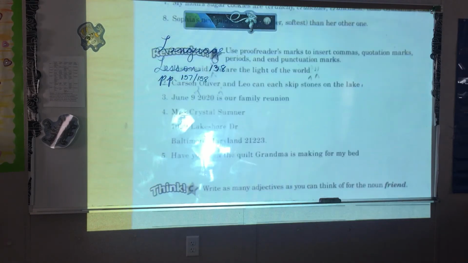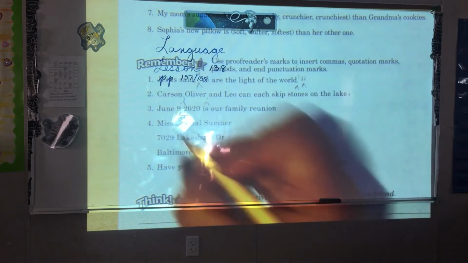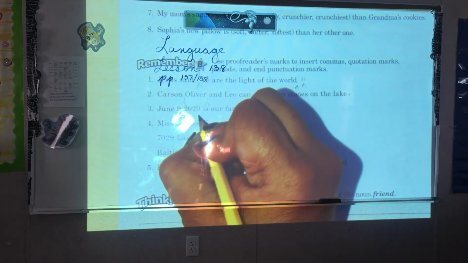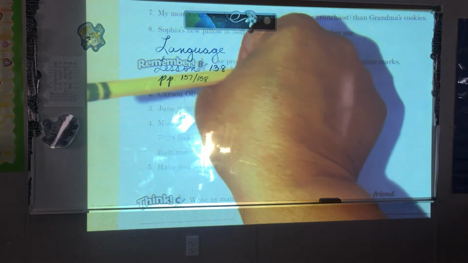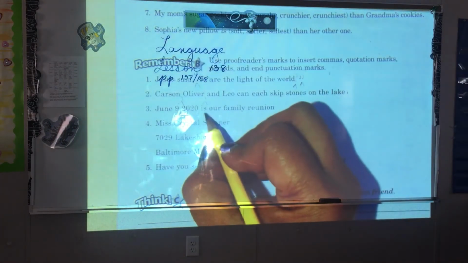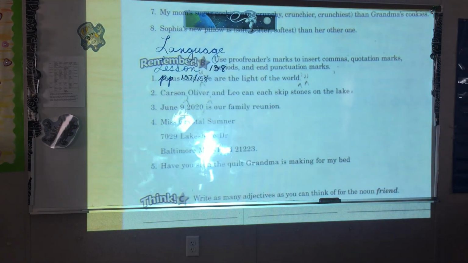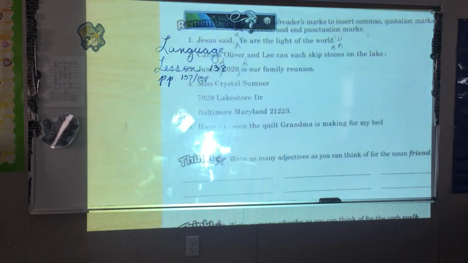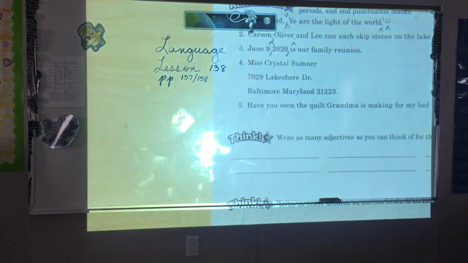Number 3, June 9th, 2020 is our family reunion. June 9th, comma, 2020, comma, because the sentence continues. If the sentence ended there, I would just put a period. Is our family reunion, period. Number 4 is an address. Miss Crystal Summer, 7092 Lakeshore Drive, period.